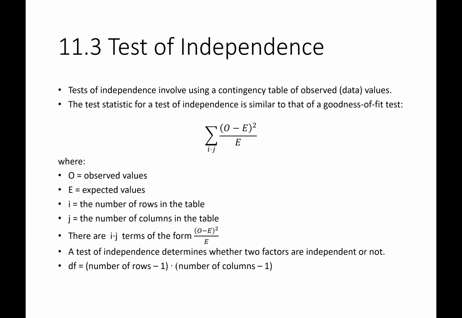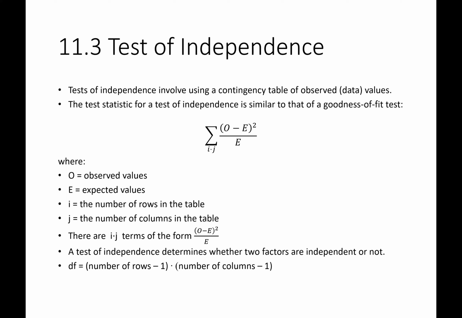So O is your observed value, E is what you would expect, I is the number of rows in the table, J is the number of columns in the table. There are I times J terms of the form O minus E squared over E.